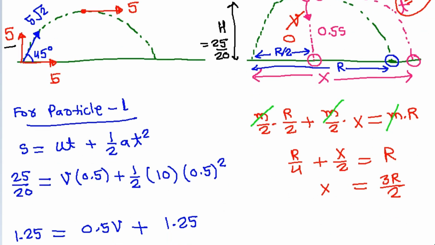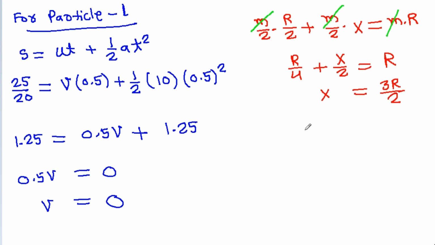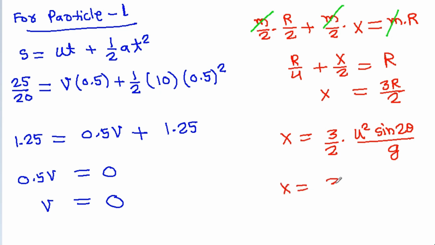And now we get x is equal to 3 by 2 r, and r is equal to u square sin 2 theta by g, or x is equal to 3 by 2, u is 5 root 2 square, and theta is 45 degree, so 2 theta will be 90 degree and sin 90 is 1, by g is 10.